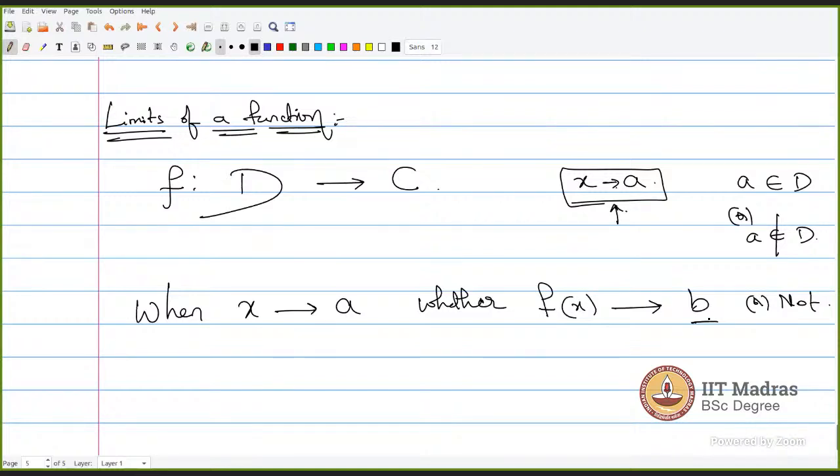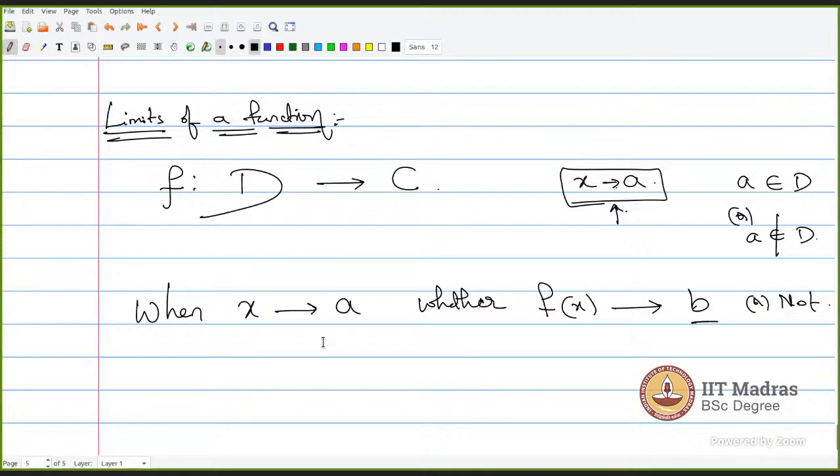But here my doubt is how many points we should check to tell the function is convergent or divergent. No, we don't talk about convergence of a function. Sorry, limit. How many points should we take? Even the limit, we will not worry about the limit of a function everywhere.